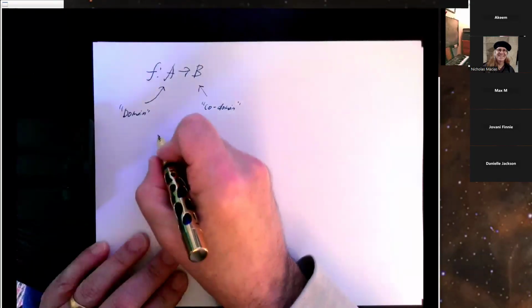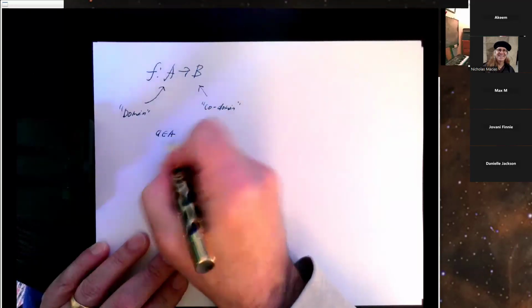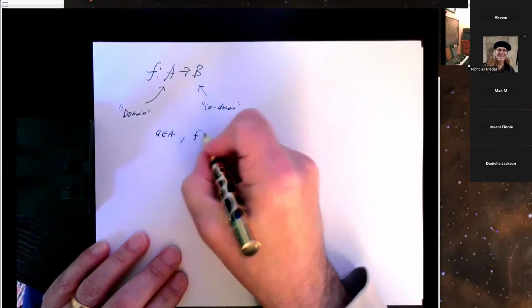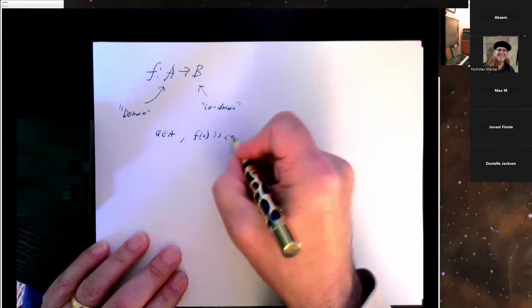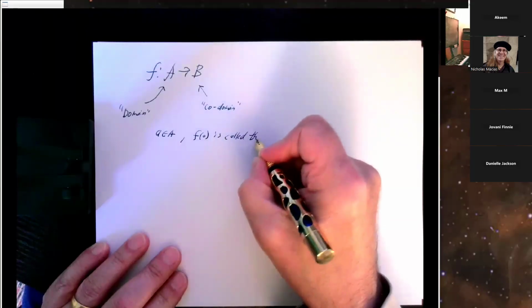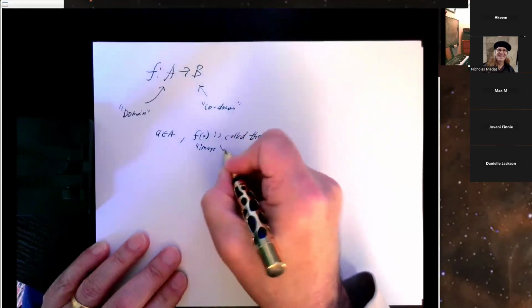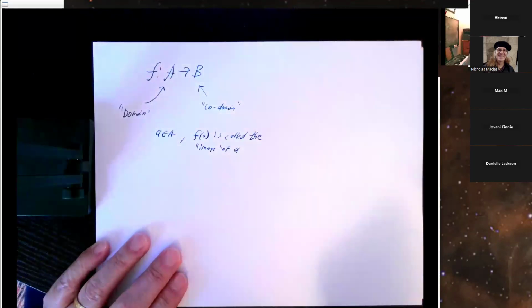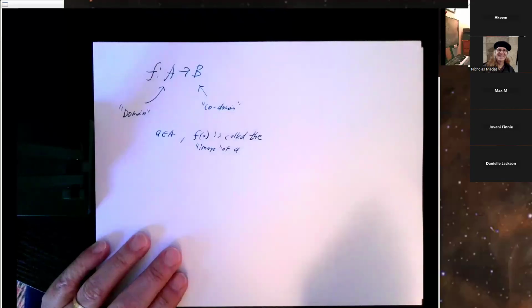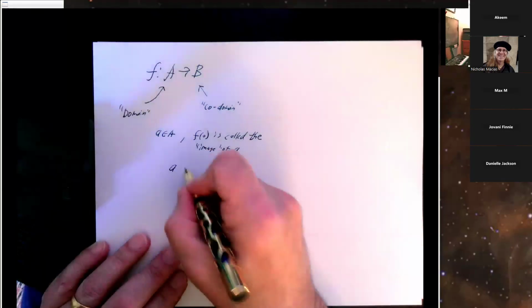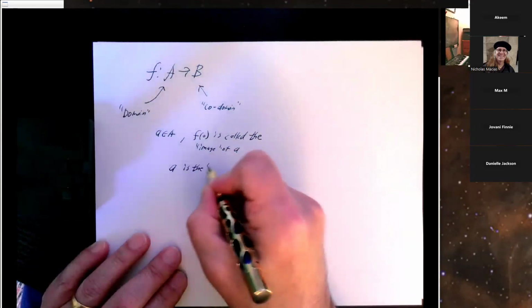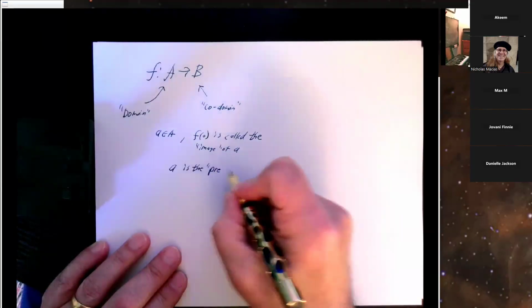If we have some element little a in the set A, f of a is called the image of a. And a is called the pre-image of f of a.